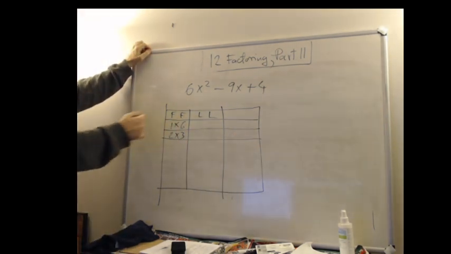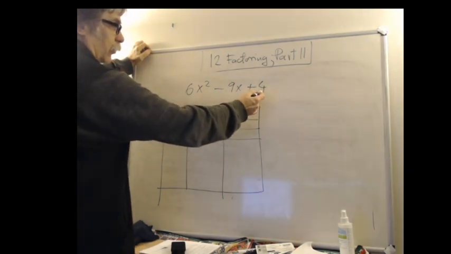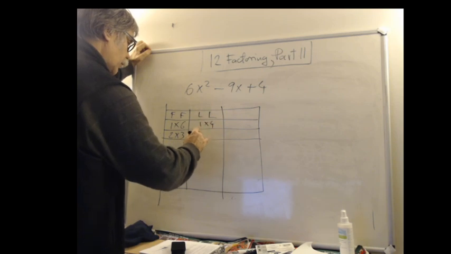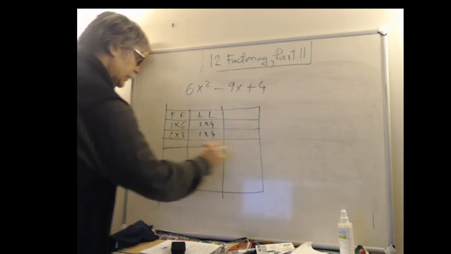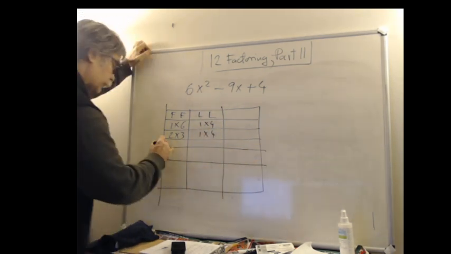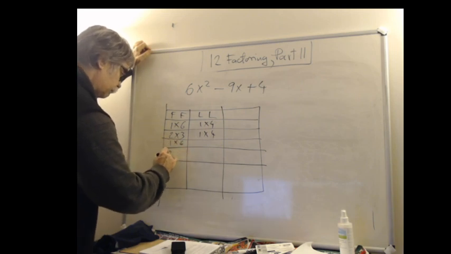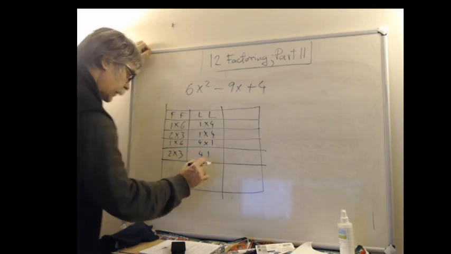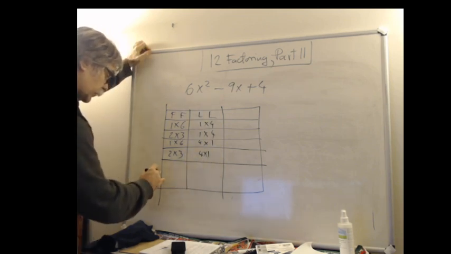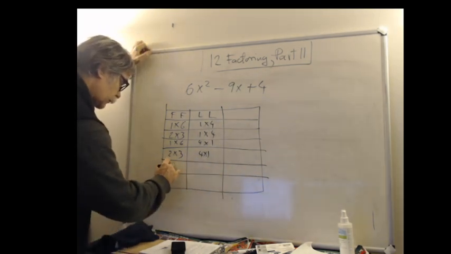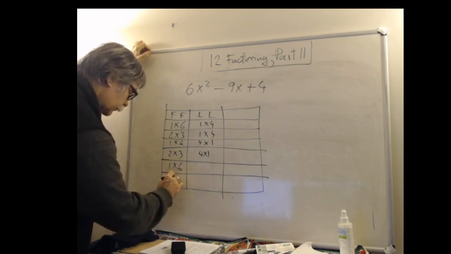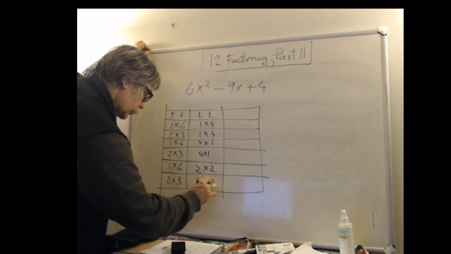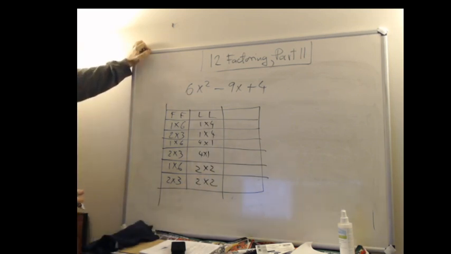Now the last terms will be 1 and 4, 4 and 1, and 2 and 2. 1 and 4, and now you have that repeated with both of them, as 4 and 1, and I also said 2 and 2, right? 1 times 6, 2 times 3, 2 and 2.